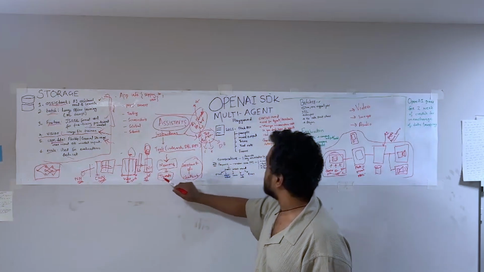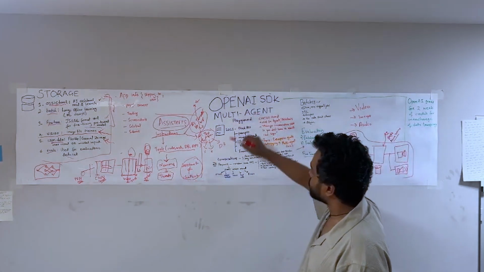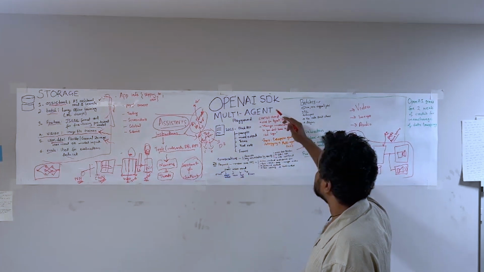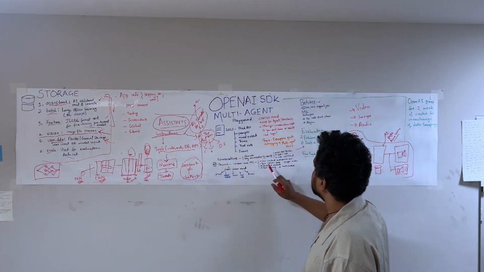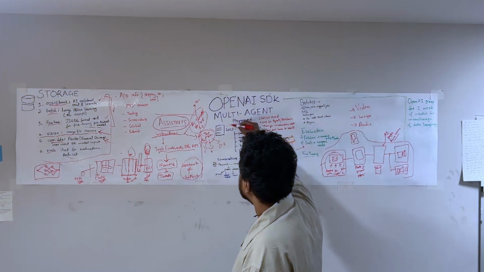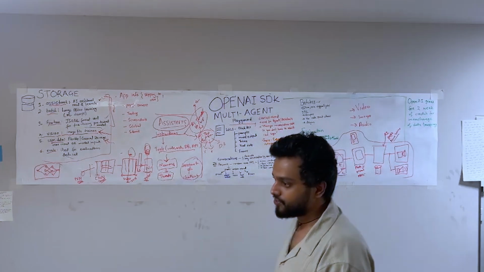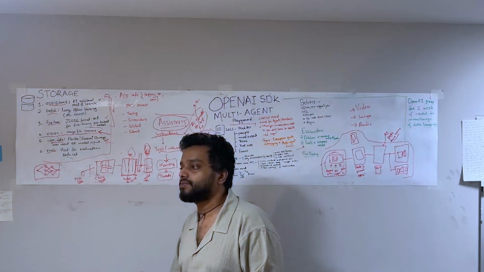And then we have threads. Now, what are threads? In order to understand threads, let's understand logs, conversations, chat kits, and traces. So let's first understand logs. Logs are kind of black boxes for any kind of software development.